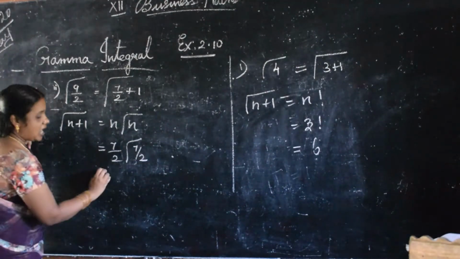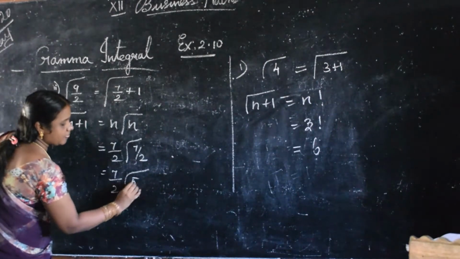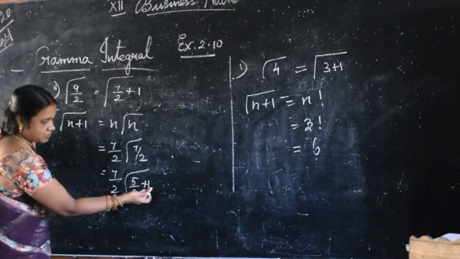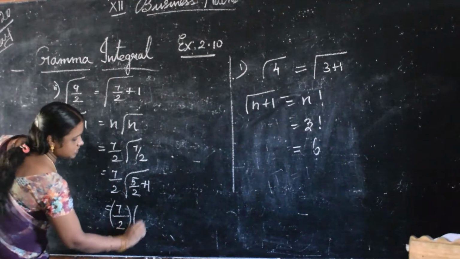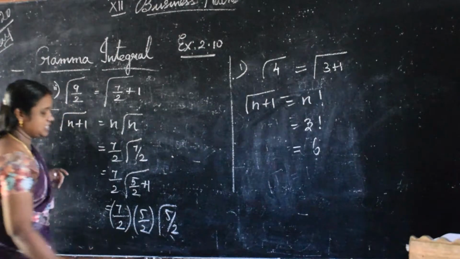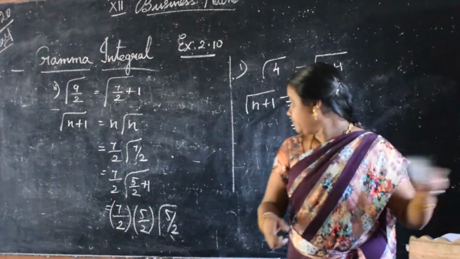Okay children? Again you have to split it. If I now split the 7 by 2, it becomes 5 by 2 plus 1. This is of the form gamma of n plus 1. Again it will give n gamma n. Have you understood children? See, again we split. Listen.